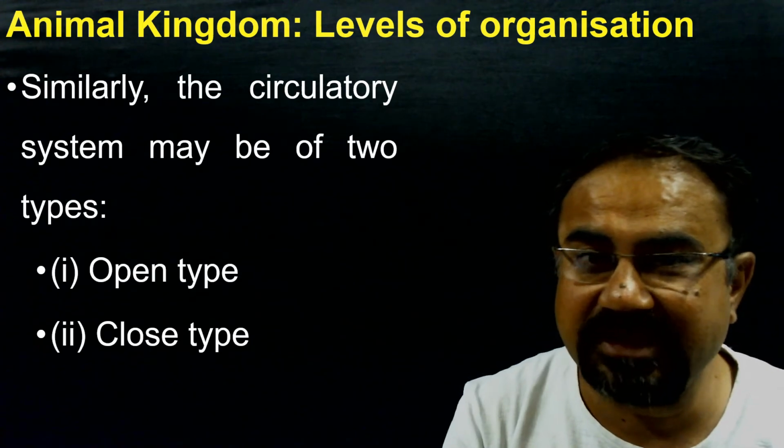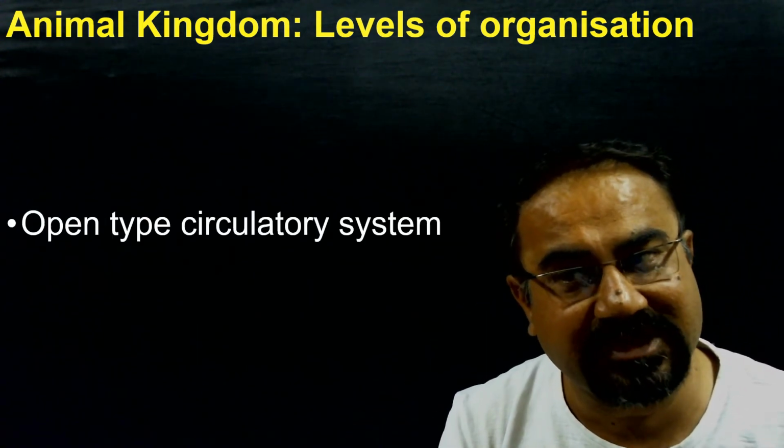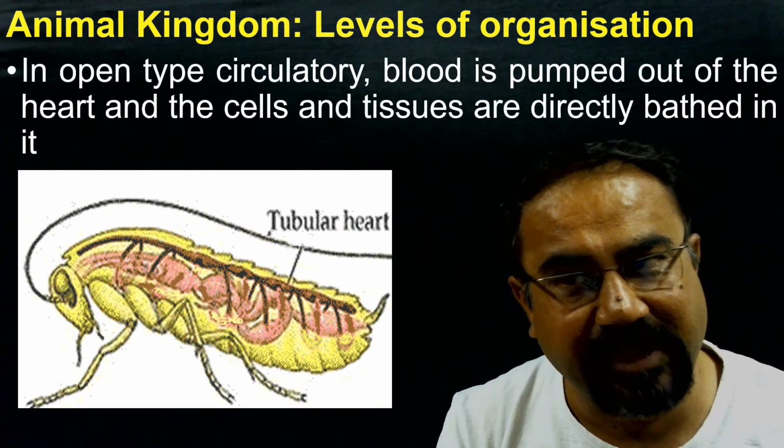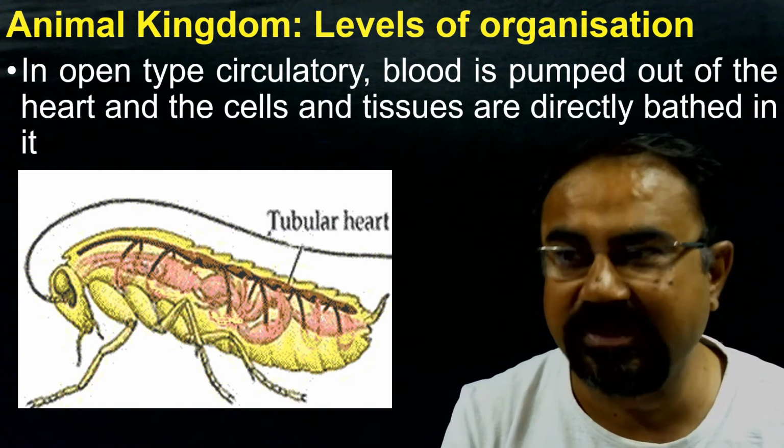Coming to the next one, there is a difference in the closed type and open type of circulatory system. Let me start with the open type of circulatory system. It is found in the lower animals.